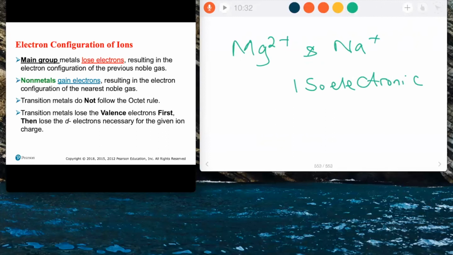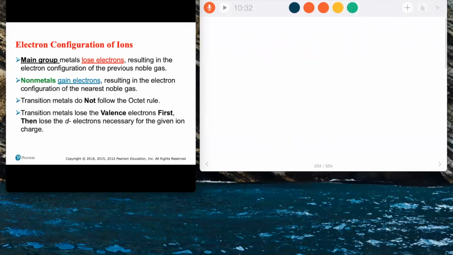Non-metals tend to gain electrons. So if I have chlorine, this is 17: 1s2, 2s2, 2p6, 3s2, this is 12, and 3p5.